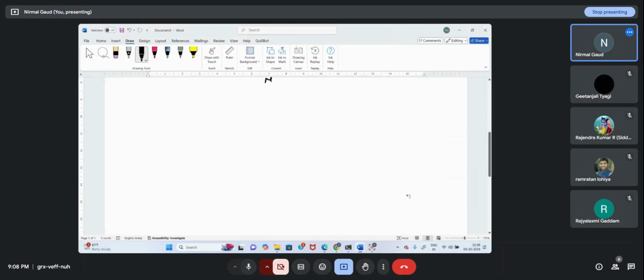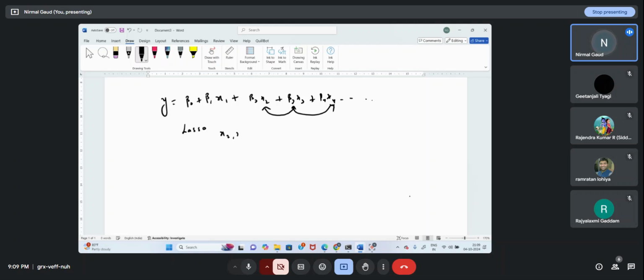Let us suppose, again I am writing the equation: beta naught plus beta 1 x1 plus beta 2 x2 plus beta 3 x3 plus beta 4 x4 and so on. It has been told that Lasso selects arbitrarily. For example, x2, x3 and x4 are correlated.